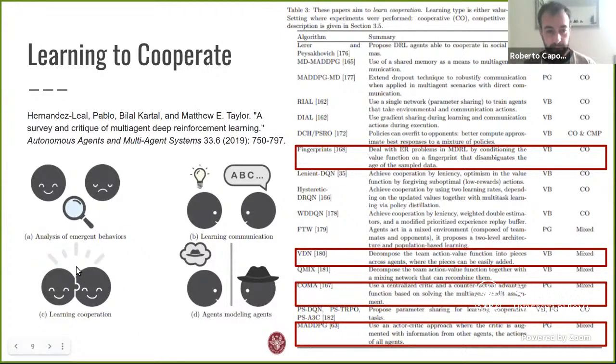But if you remember, analysis of emergent behaviors, this is something that we have already seen, right? When I was presenting, probably at the first lecture, the paper from OpenAI where they were playing hide and seek.